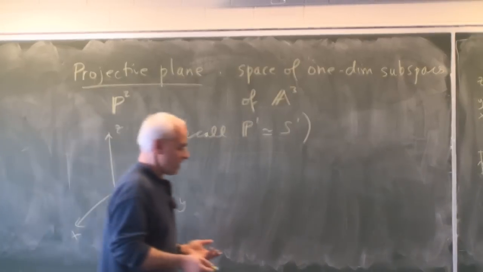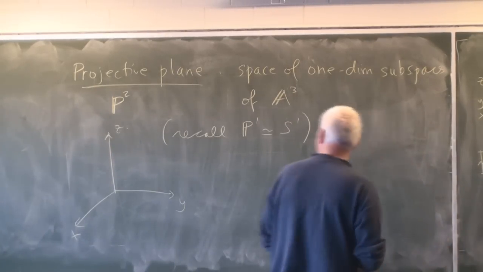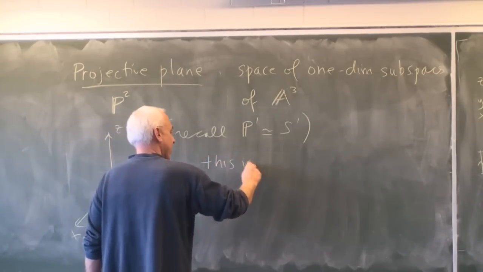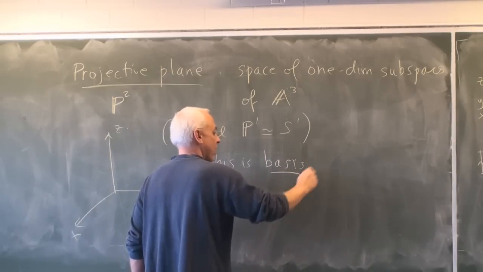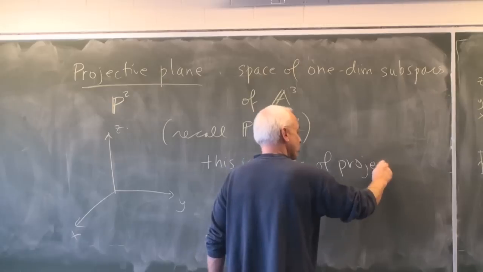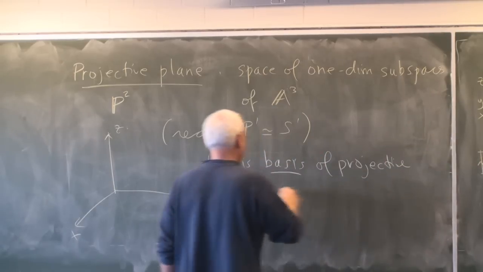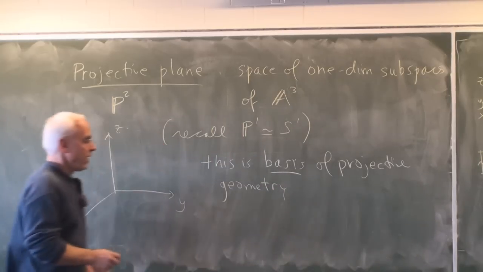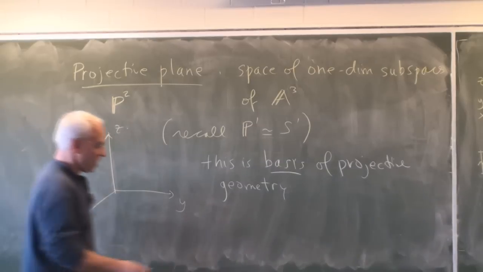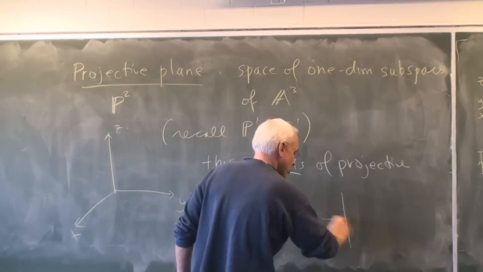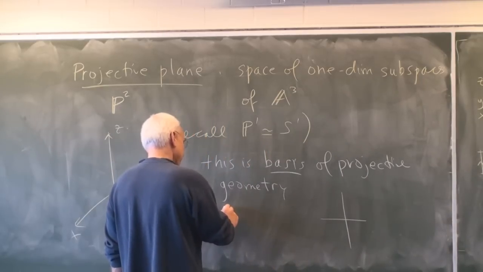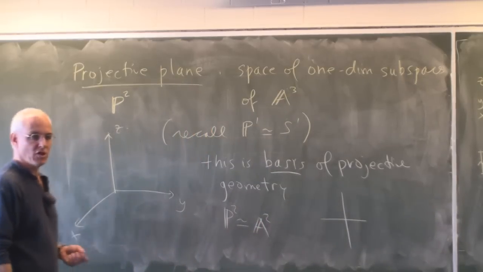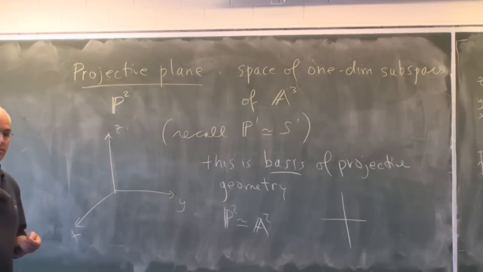Now this is a very important mathematical object, because it really explains the basis for projective geometry. This is the fundamental building block of projective planar geometry. And we talked a little bit about projective geometry, but the historical version of that was that the projective plane, P2, was really the ordinary plane, A2, together with a line at infinity.